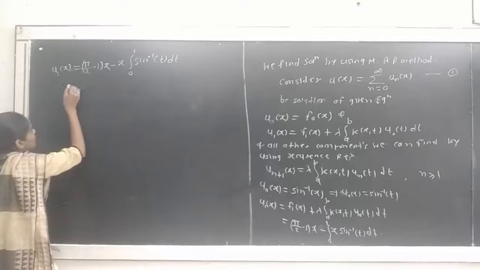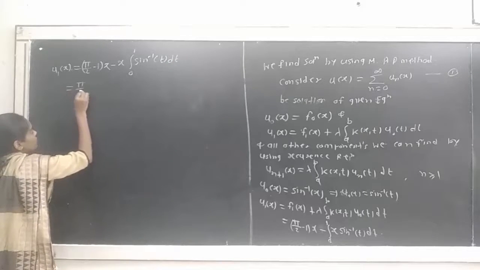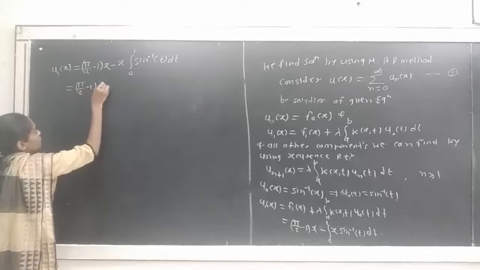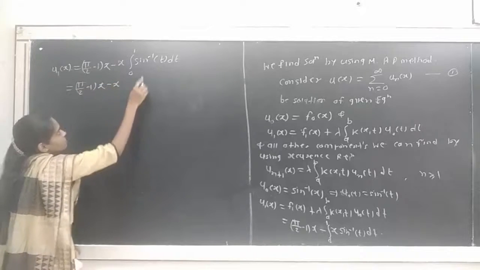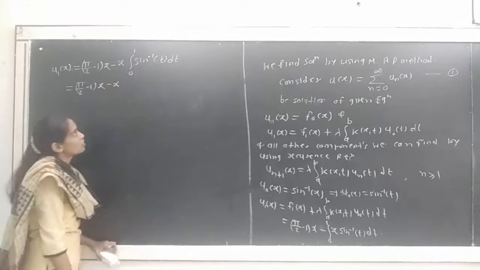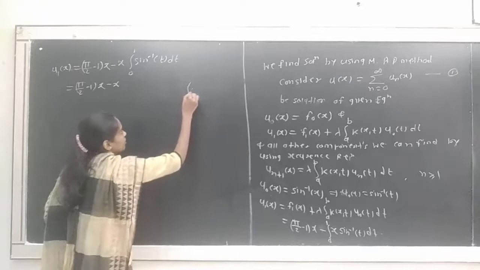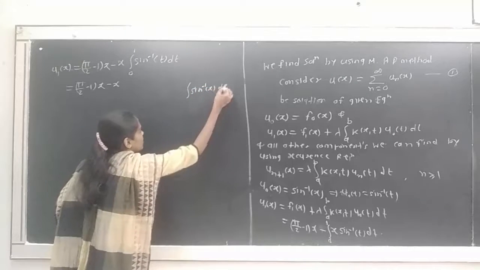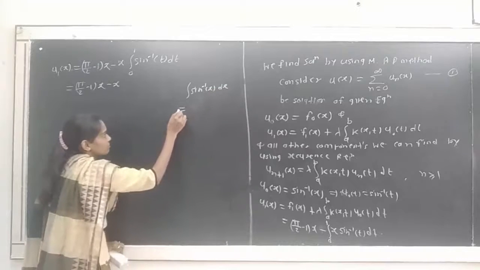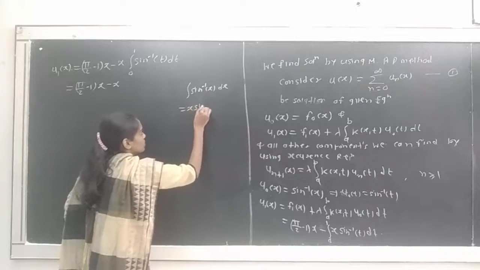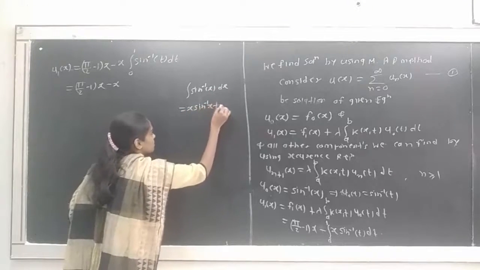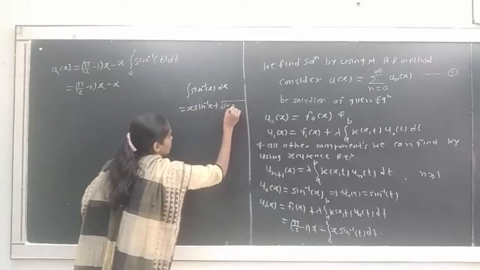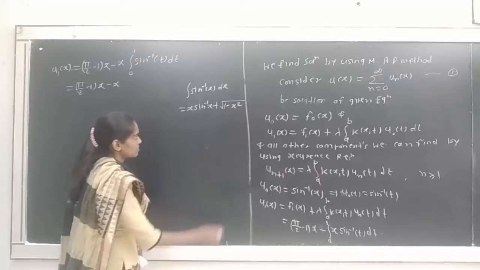Then we find the integration of sine inverse of t, pi by 2 minus 1 into x minus x. We know the formula: the integration of sine inverse x dx is equal to x into sine inverse x plus square root of 1 minus x square plus c.